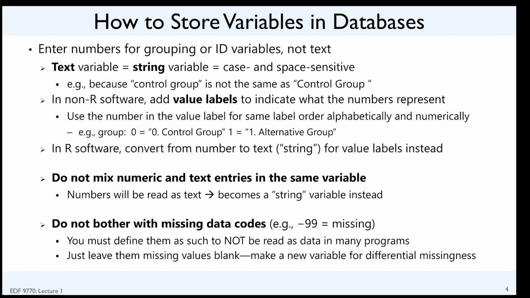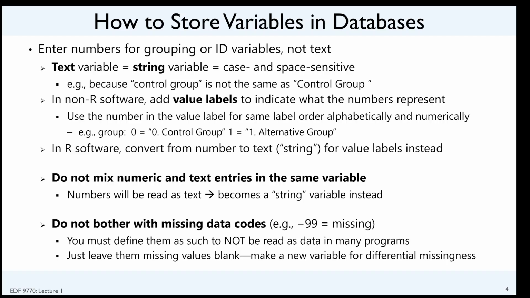And in my humble opinion, missing data codes are garbage. Don't do them. People feel the need to enter -99 if something is missing. Don't, leave it blank. You don't need them. I have seen students who in their initial assignments on their data turn in descriptive statistics where the minimum is -99.